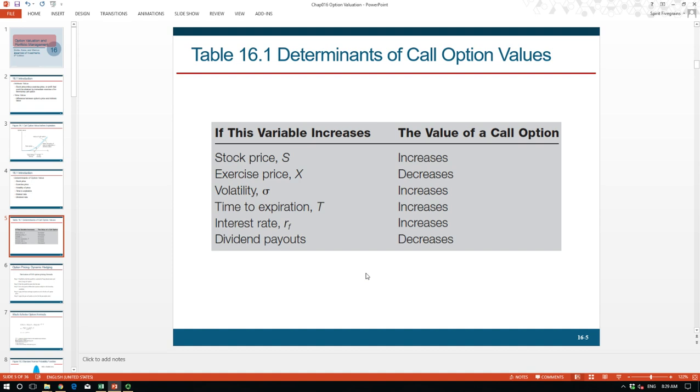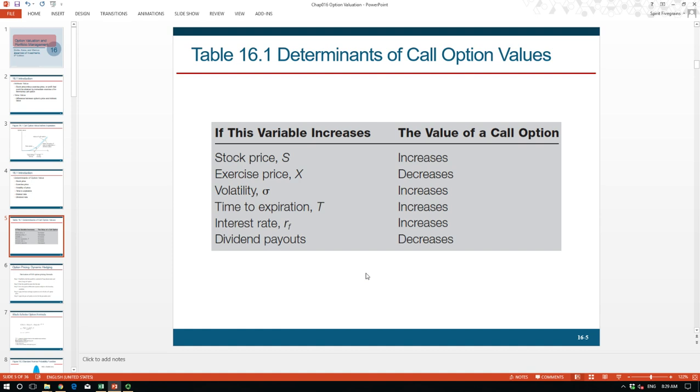The most well-known 5 factors affecting call option or put option prices are stock price, exercise price, volatility, time to expiration, and interest rate. And all 5 factors tend to have a positive relationship with both a call and a put option, except one factor. Right?